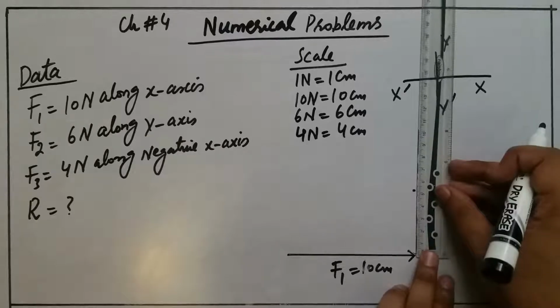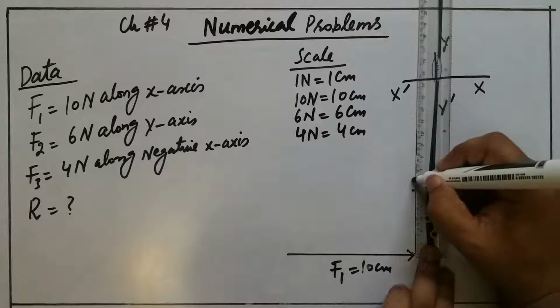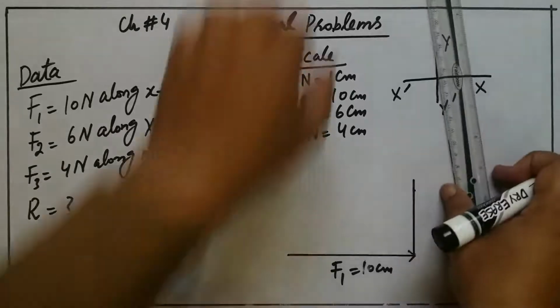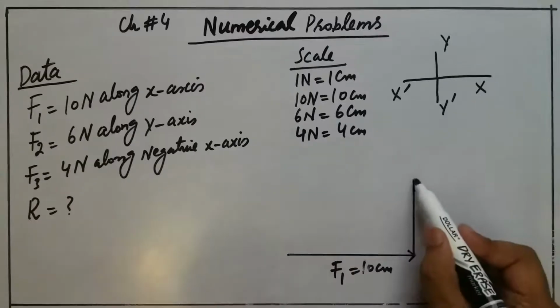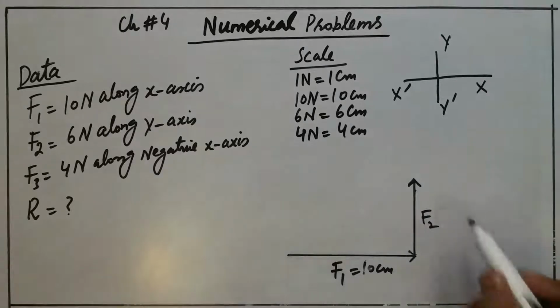So I'm going to draw the 6 centimeter line here. According to the head-to-tail rule, I have joined the two vectors: number 1 is 10 Newton, and number 2 is 6 Newton, which is force number 2. This is 6 centimeter in length.